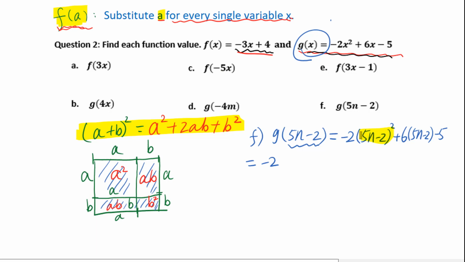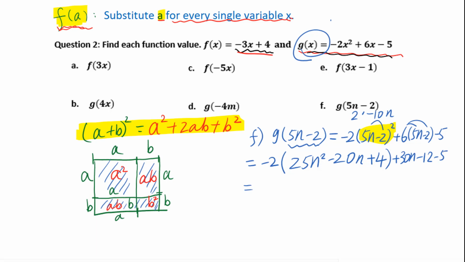You have to use this formula, a squared plus 2ab plus b squared. So we have 25n squared. This multiplied, that is negative 10n times 2. It will be minus 20n. Then plus negative 2 squared is 4. Then distributive property, you will get 30n minus 12 minus 5.